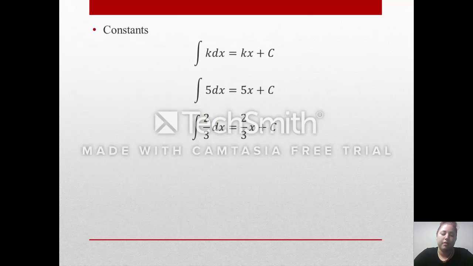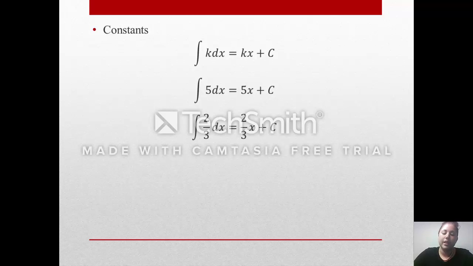The most basic type of integral is a constant, just like the most basic type of equation is a constant. If you take the antiderivative of a constant, you just multiply by whatever variable it's with respect to and add a constant.